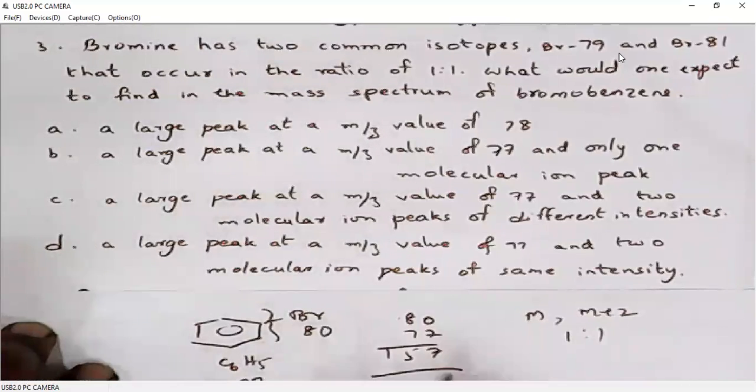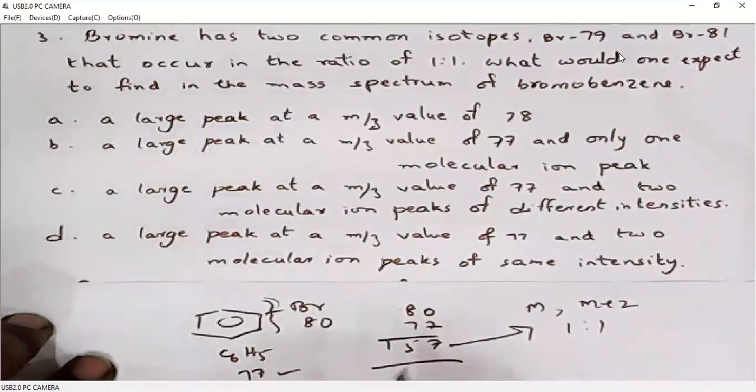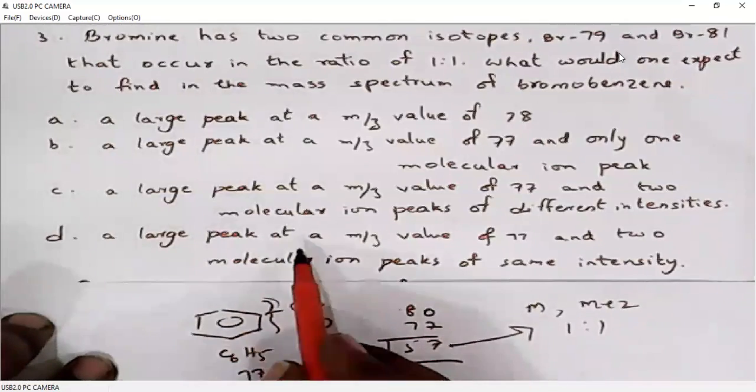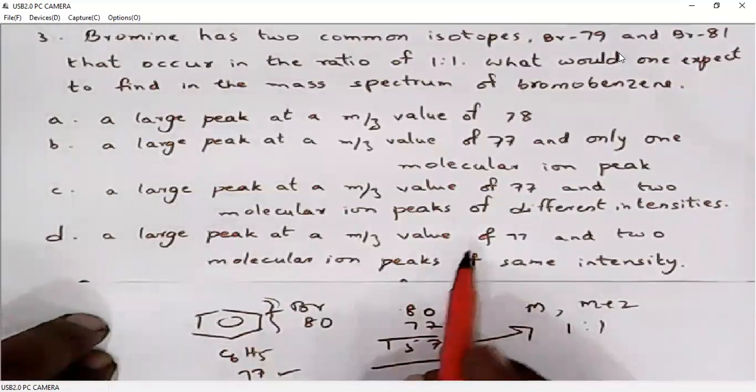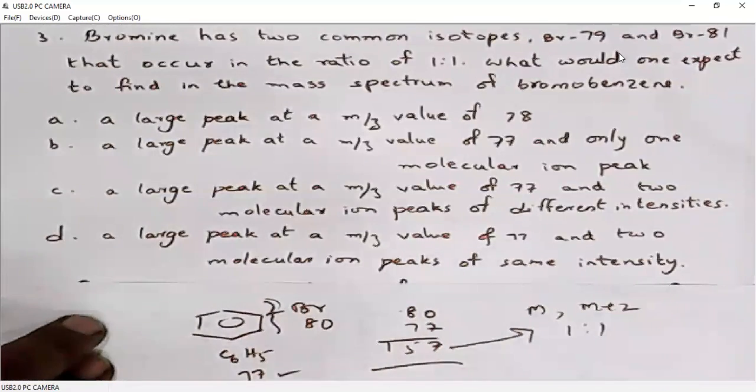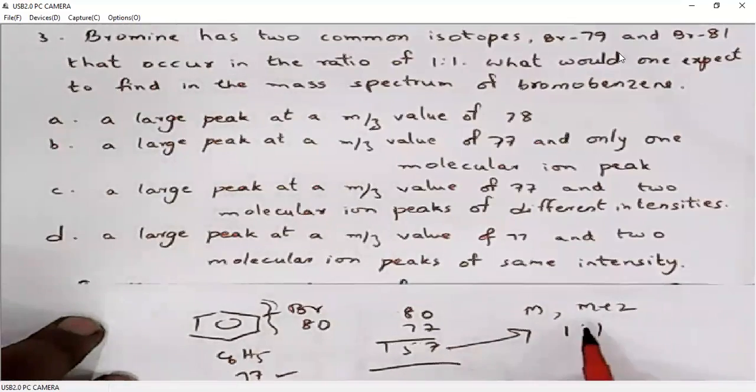So the 157 peak will be 1:1. When it undergoes fragmentation, bromine and the phenyl ring separate, generating the phenyl carbocation whose mass is 77. It is the most stable, so it forms the base peak. So a large peak at m/z 77 and 2 molecular ion peaks of the same intensity, because it is the bromine atom.